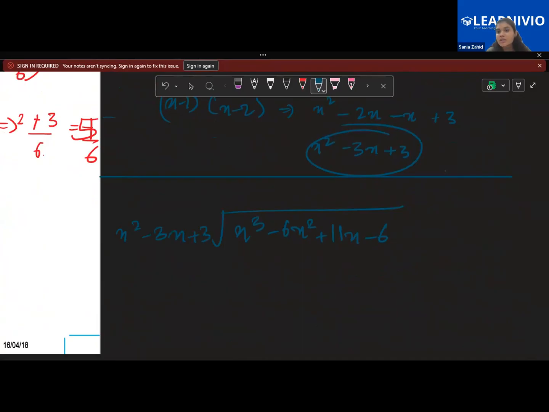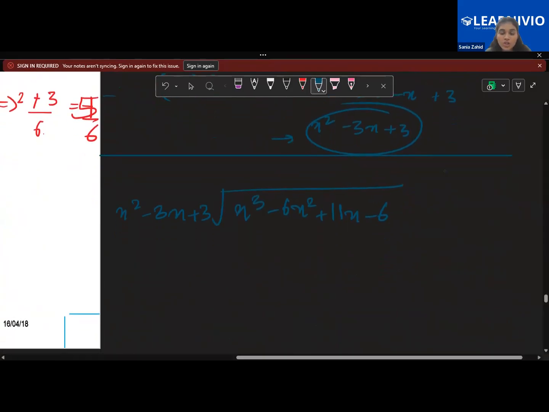Now I will divide it with this particular polynomial that I got. How do we divide this? It's very easy. You just take the first term of this polynomial. With what number should I multiply x square to get x cube? X to the power 1. That means I must multiply it with x only.